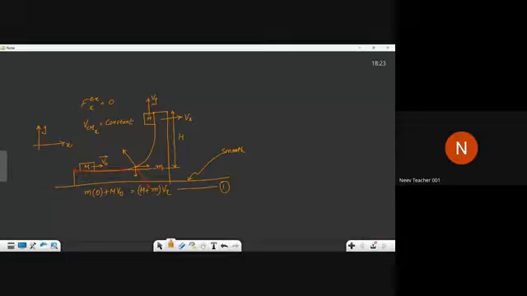Be it small m or capital M, if small m is moving with Vx in X direction, capital M is to follow. If capital M is said to be moving with Vx in X direction, small m is to comply with it. Yes or no? Yes, sir, it is a must.